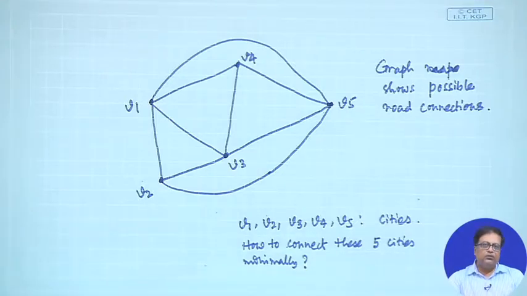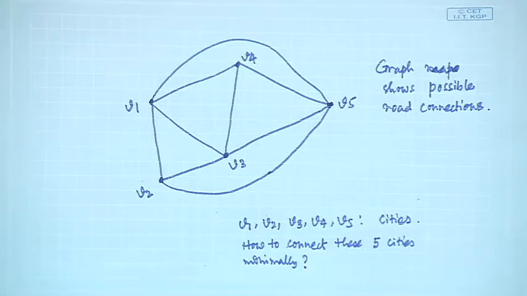We discussed that if the number of vertices is n, then to minimally connect them we require n minus 1 edges. Since there are 5 cities to connect, minimally we have to connect only 4 roads. Now, the question is which 4 roads?